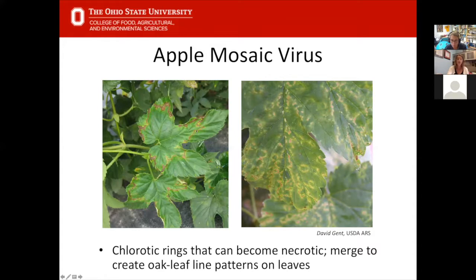You get these chlorotic rings, which are easily seen here on the right-hand side, and then they eventually start coming together so that you get this oak leaf pattern shown over here. These pictures were taken out in the Pacific Northwest. Very classic apple mosaic virus.